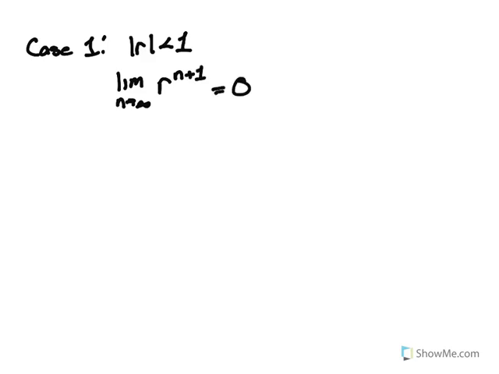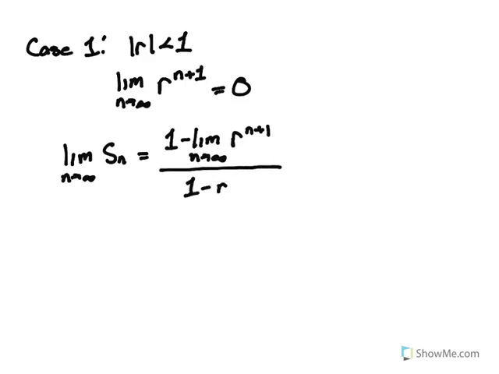Now we're going to consider the cases. Case 1 is when the absolute value of r is less than 1. In that case, the limit as n goes to infinity of r to the n plus 1 equals 0. So the limit as n goes to infinity of Sn, from the last slide, is 1 minus the limit as n goes to infinity of r to the n plus 1, over 1 minus r, which is simply 1 over 1 minus r.